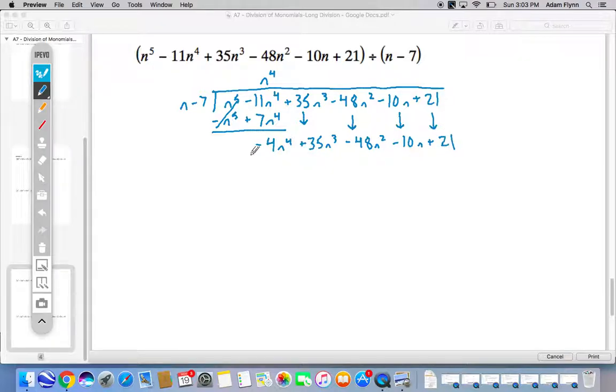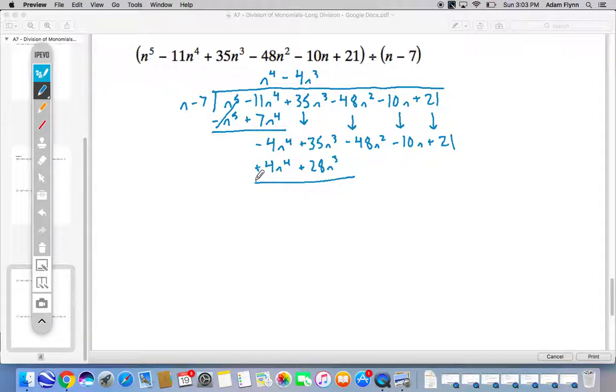Okay, so same process. Negative 4n to the fourth divided by n is negative 4n cubed. N times negative 4n cubed is negative 4n to the fourth. Negative 7 times negative 4n cubed is negative 28n cubed. I'll combine. Actually, need to switch my signs first.